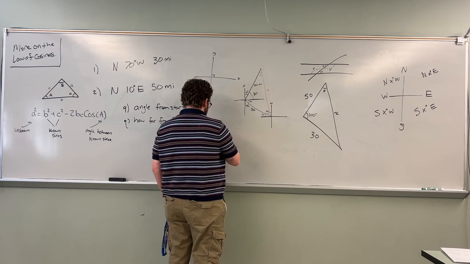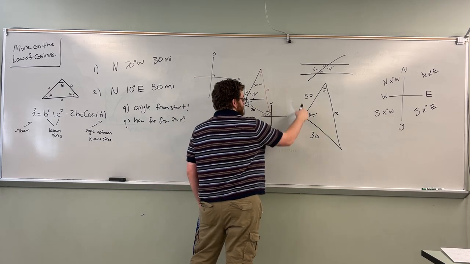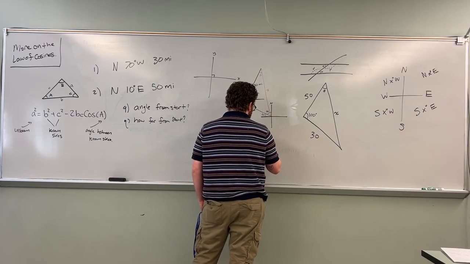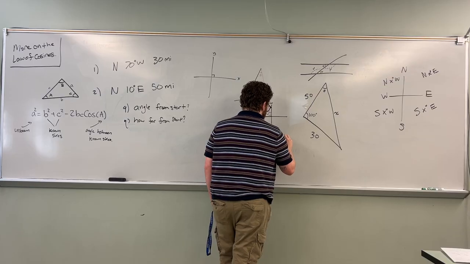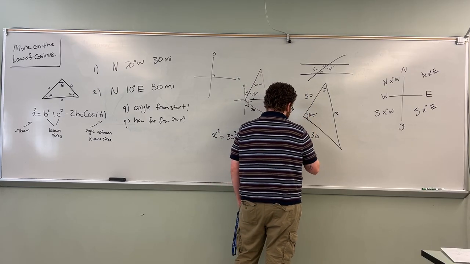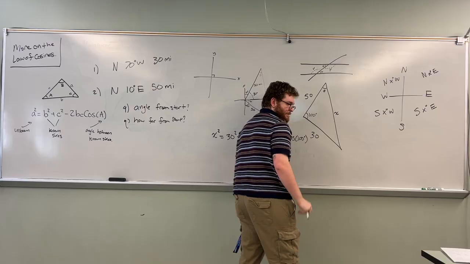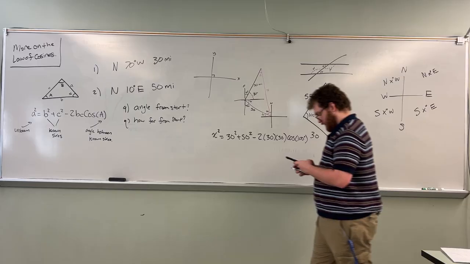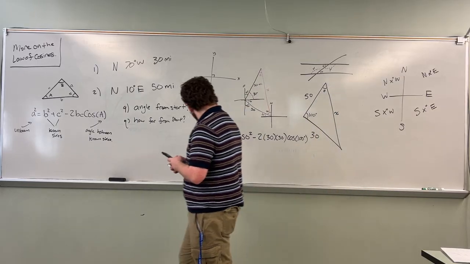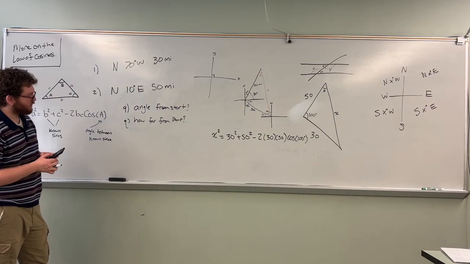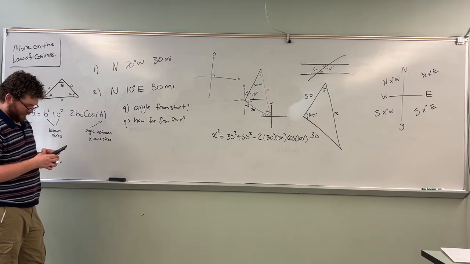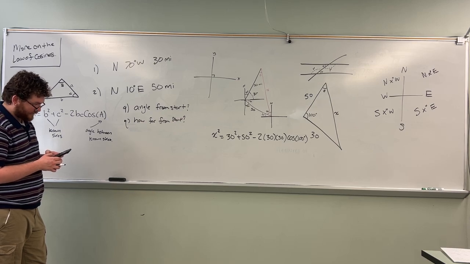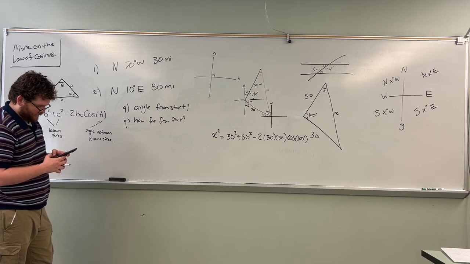So law of cosines says that my unknown side squared is equal to the sum of these squares, 30 squared plus 50 squared, minus 2 times their product, and the angle between them, which is 100. So I've got 30 squared plus 50 squared minus 2 times 30 times 50, and then cosine of 100.